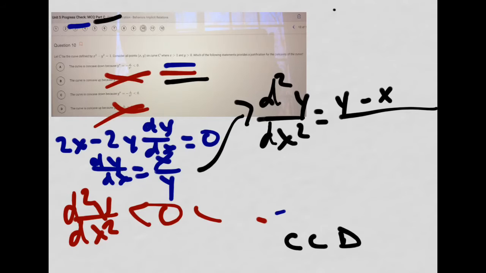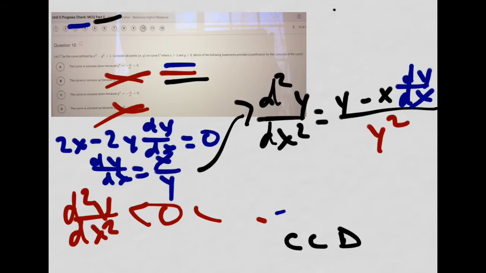So 1 times y is y. Let me catch up to myself. Minus the top times the derivative of the bottom. The derivative of y is 1, but we write dy over dx, and the bottom is squared.